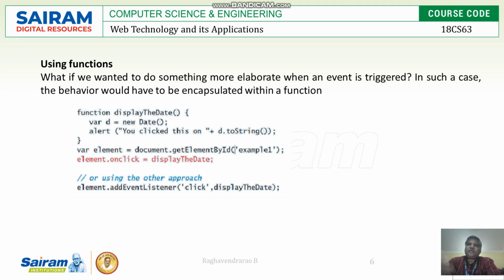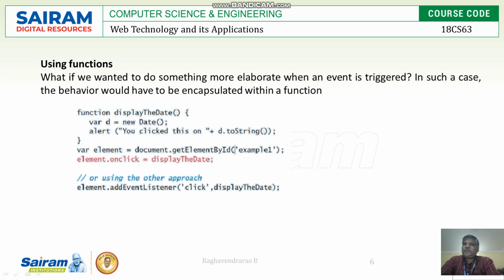Using functions also you can trigger it. Here the functions are going to be there. Function display the date. This is a function. Variable d is equal to new date. The date is taken here, so d will become an object. Alert this particular d dot to string, meaning today's date is going to be displayed on the alert box.